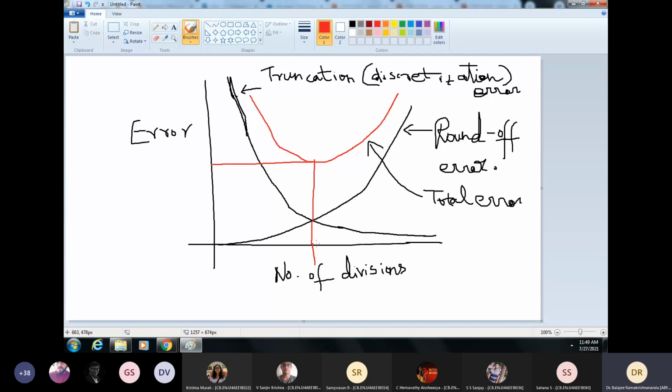Now we'll see how you can reduce even this error. Whatever error you reduce, the total error is always reduced. So if you reduce the truncation error, that means include more terms in the series. This curve, probably choose another color, may decrease like this.